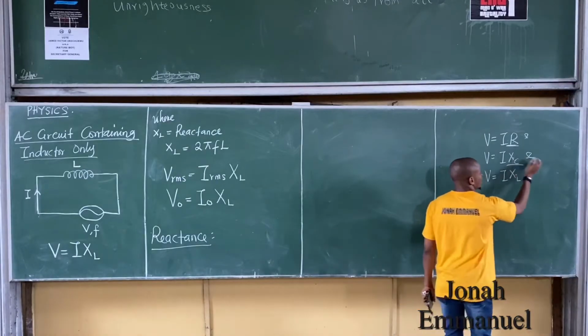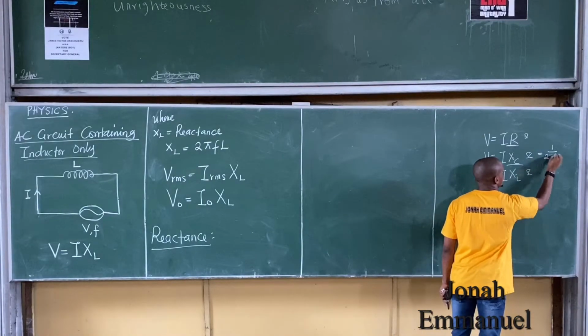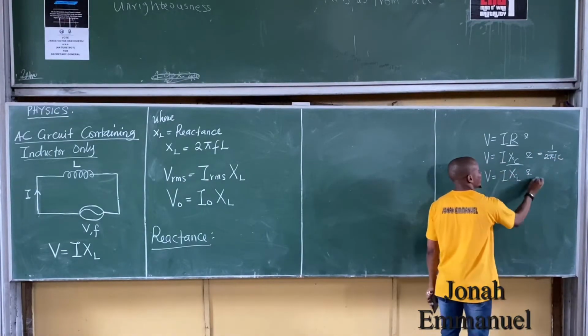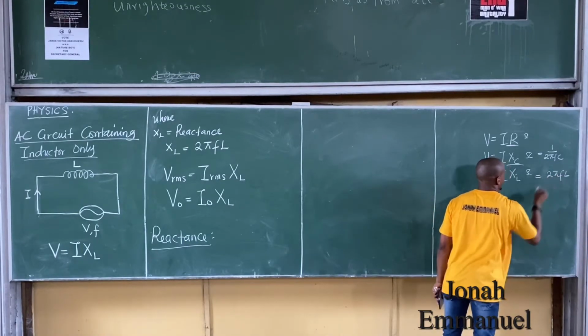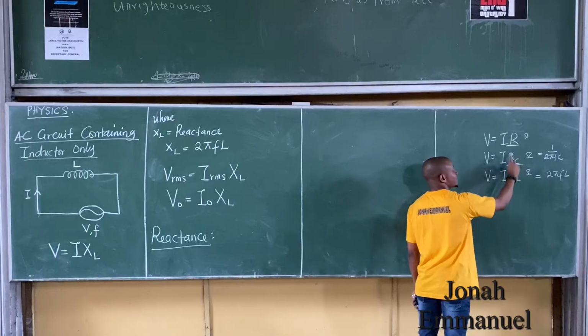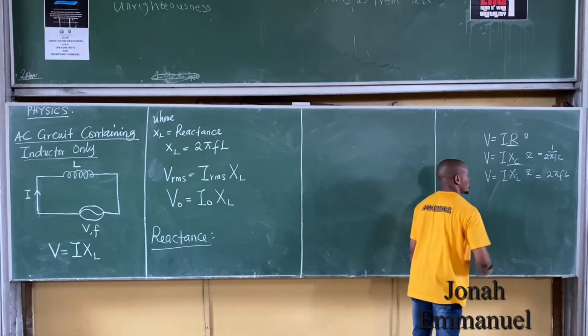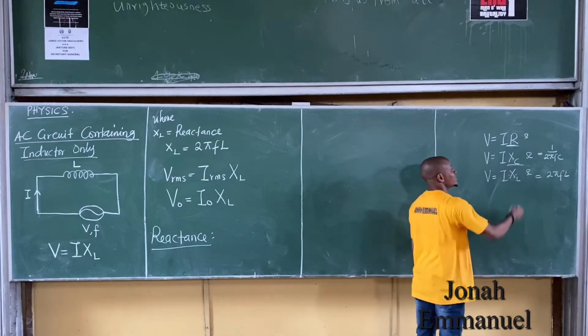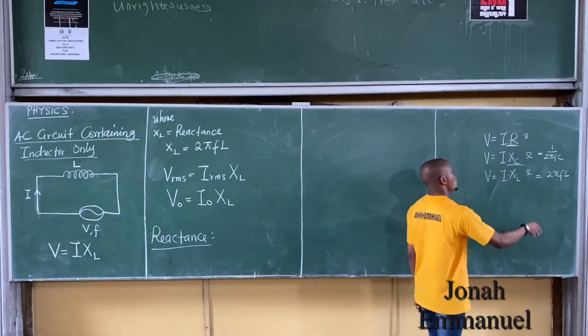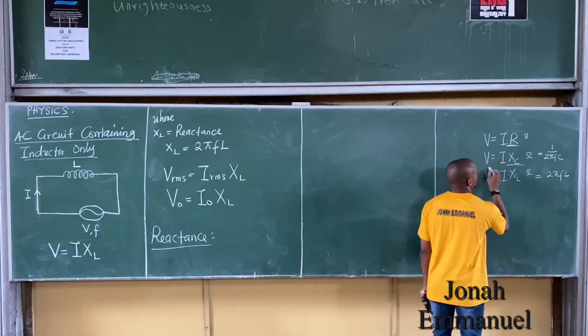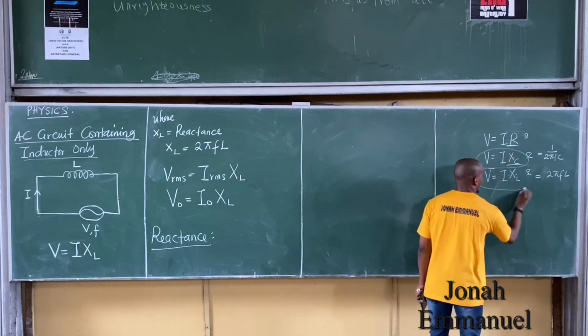For this one, it's the inverse, 1 over 2 pi fC. For this one, it's not inverse, it's just straight 2 pi fL. So what would you define a reactance as? By definition, a reactance is simply the resistance offered by an AC circuit when it contains either a capacitor or an inductor.